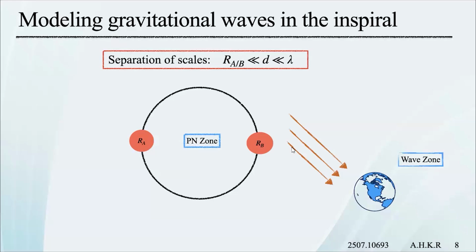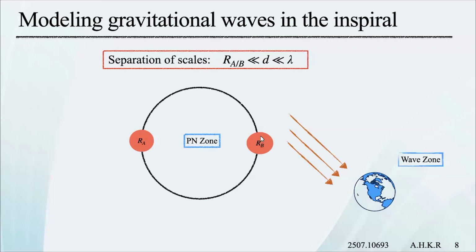So how this approach is schematically done is you first model the dynamics of the two objects using post-Newtonian theory by assuming that the objects have some multipolar structure. And then you understand how the dynamics at the level of length scales of the order of the distance between the two objects affects the gravitational emission, using Einstein's quadrupole formula and higher post-Newtonian corrections to the formula.